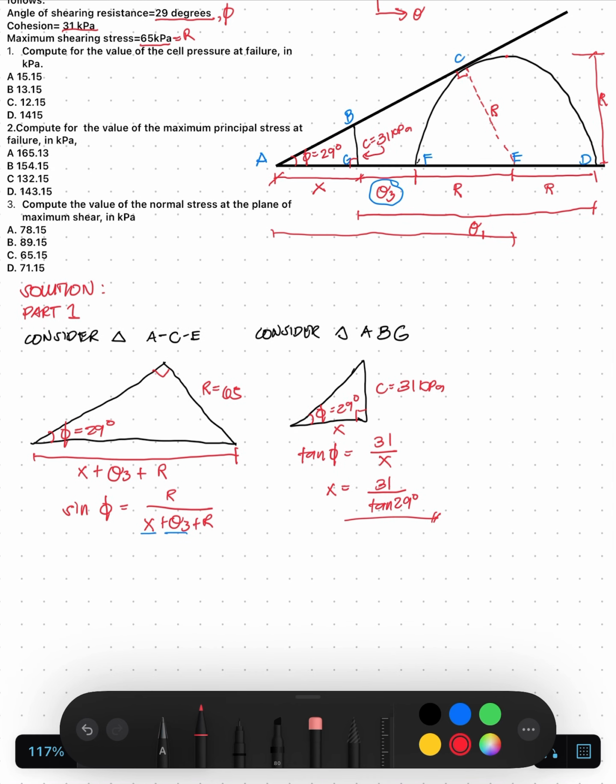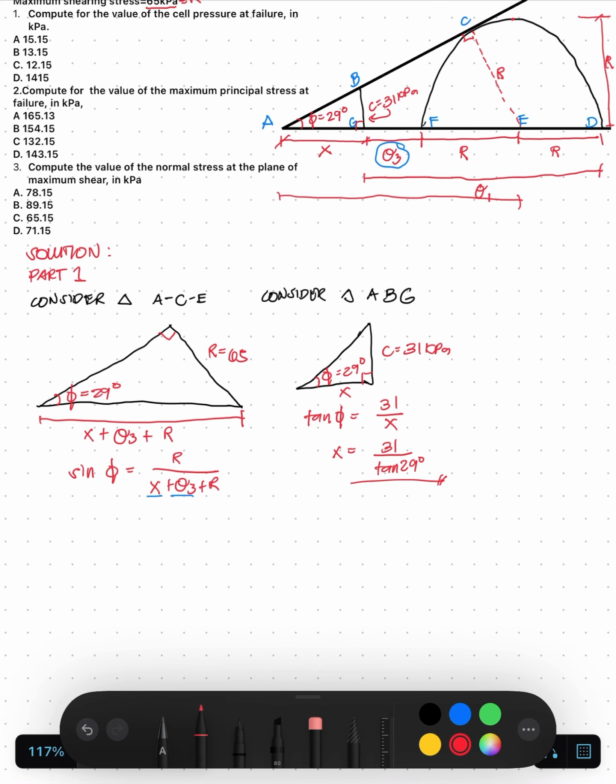So x is equal to 31 over tan 29. Substitute it here: sine 29 degrees is equal to 65 over x, which is 31 over tan 29, plus sigma 3, which is our unknown, plus r, which is 65.